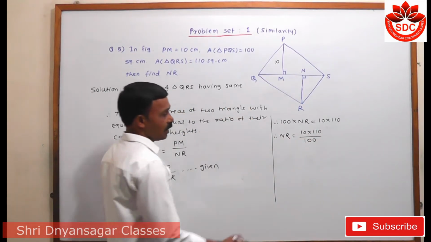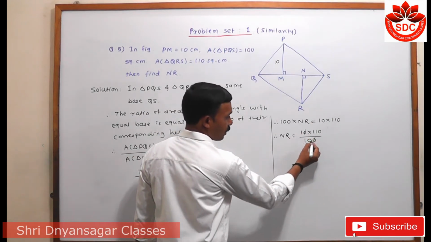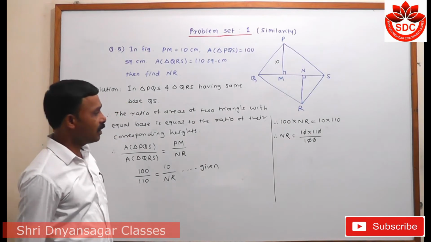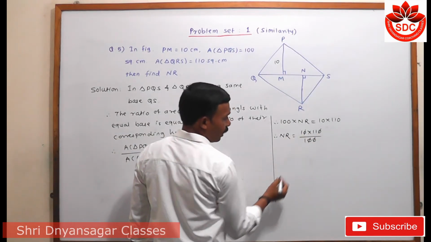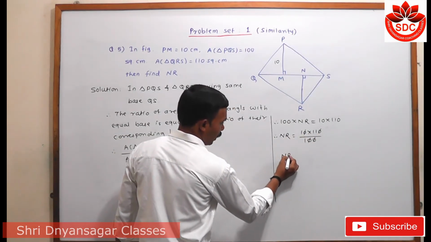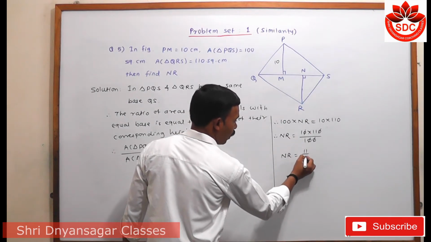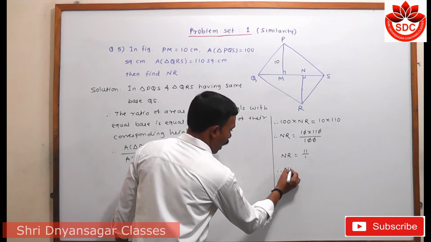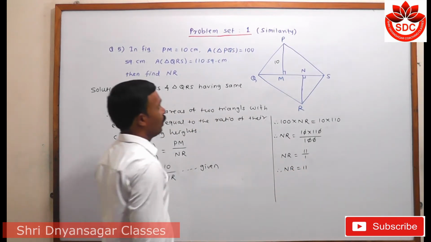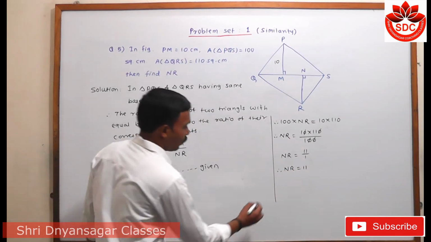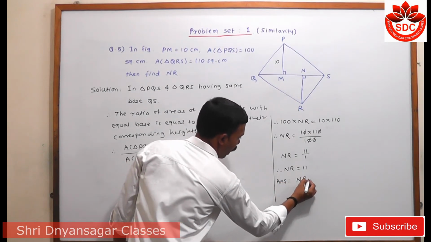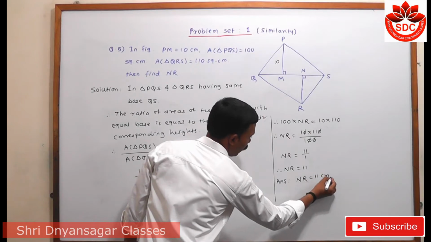Now we cancel the zeros. One zero gets cancelled, and another zero also gets cancelled. Now the answer is 1 into 11, which is 11. Therefore, NR is equal to 11 upon 1, that means NR is equal to 11. Here the unit is centimeter. Therefore, the answer in a full sentence is: the value of NR is equal to 11 centimeter.